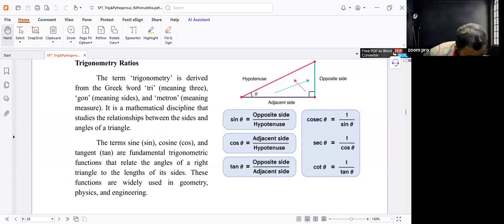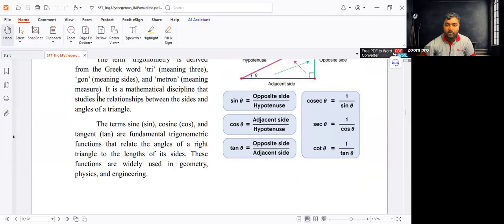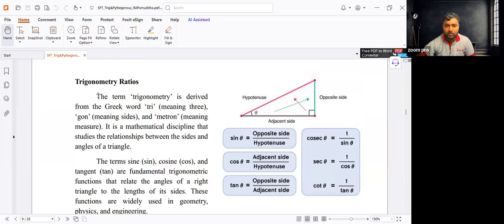Actually, that is the basis of this lesson. That means all the foundation of this lesson is based on side lengths and the angles. In your O levels, you have done trigonometry and you have found side lengths and the angles.